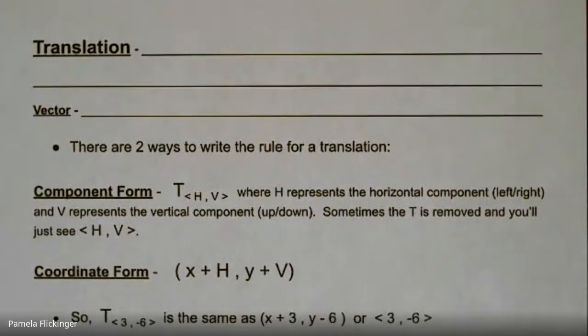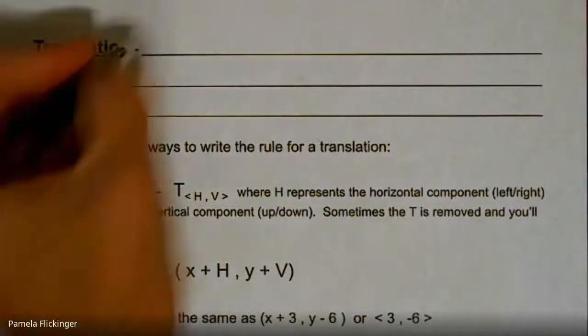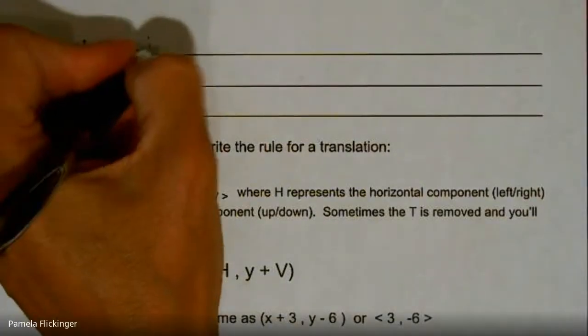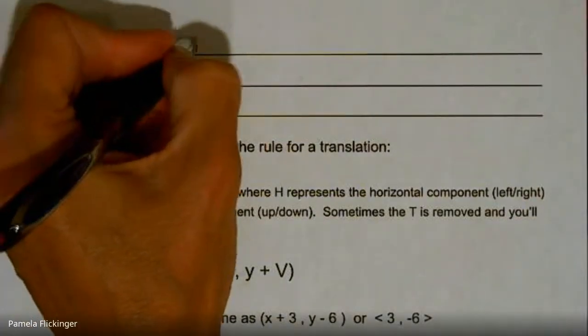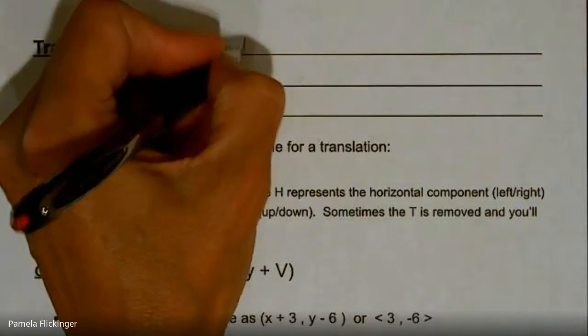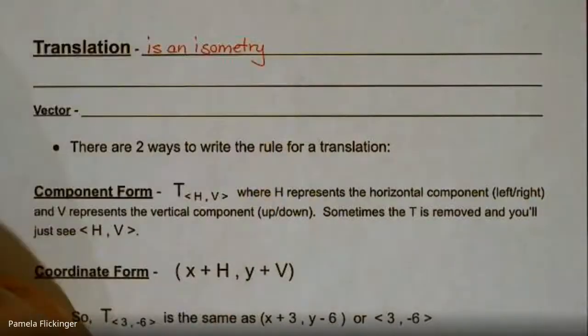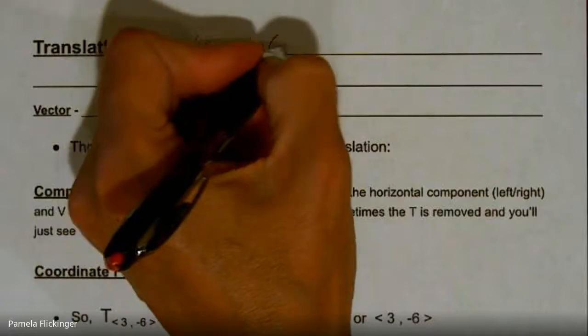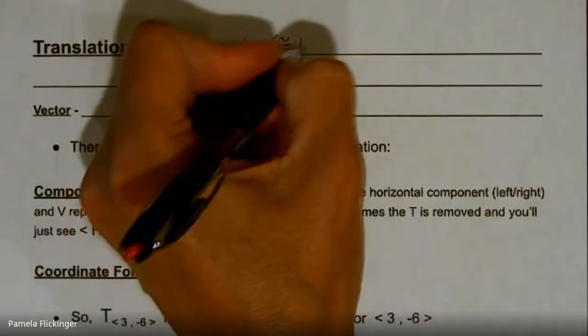All right, so a translation is an isometry, right? Now, if you want, these are your notes. Remember, that means congruent transformation.